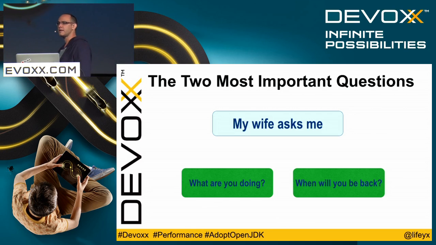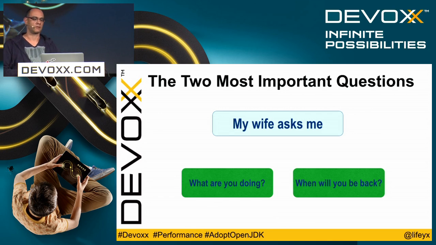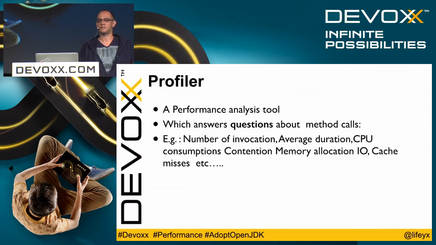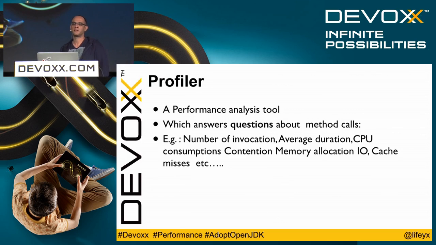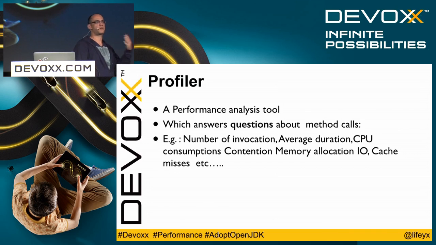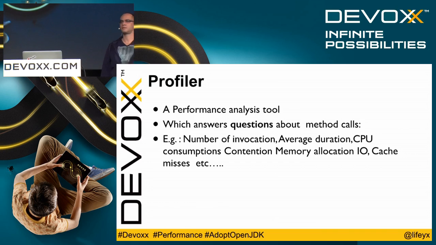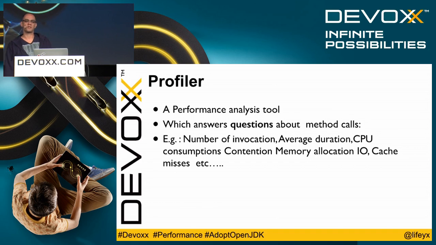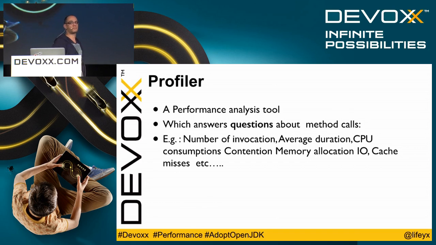What are you doing and when are you going to finish what you're doing? The tools that help us to answer these questions are called profilers. They are tools that enable us to look at methods and ask questions about them. How much time will it take them to end, how many cache misses, memory allocation, etc. That's what profilers do.